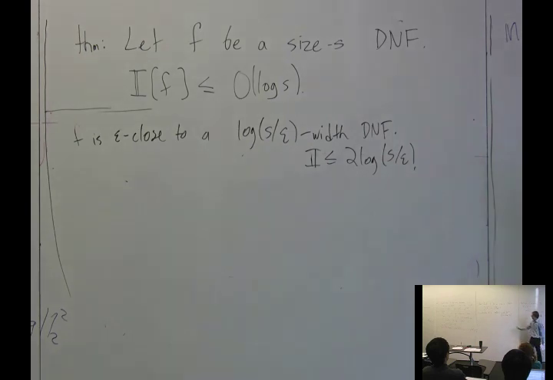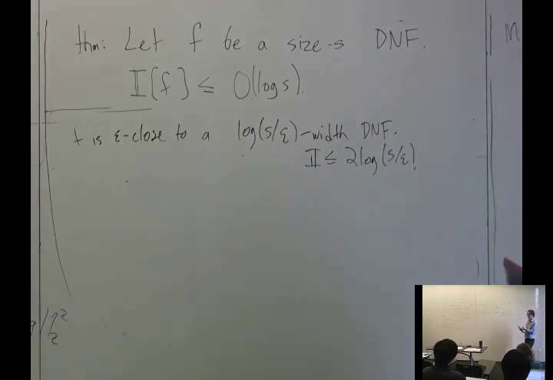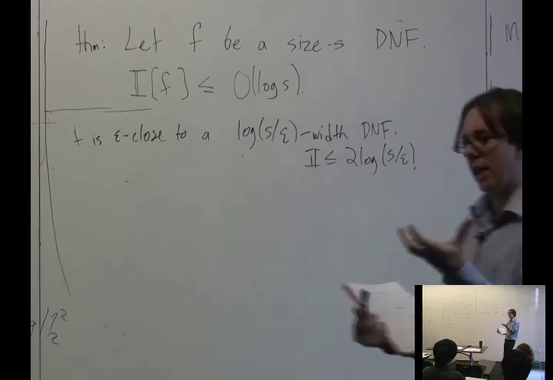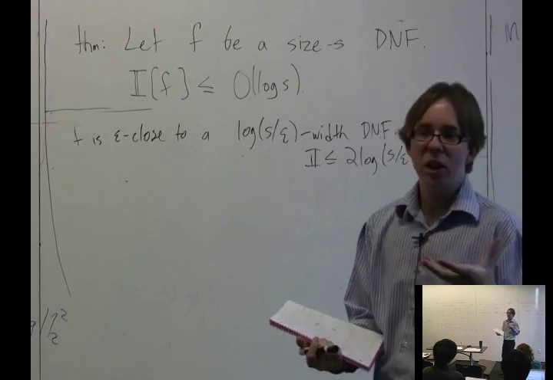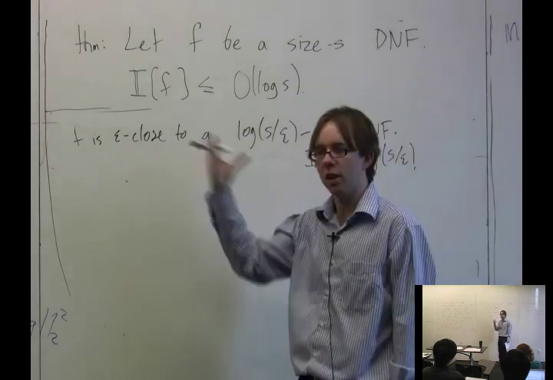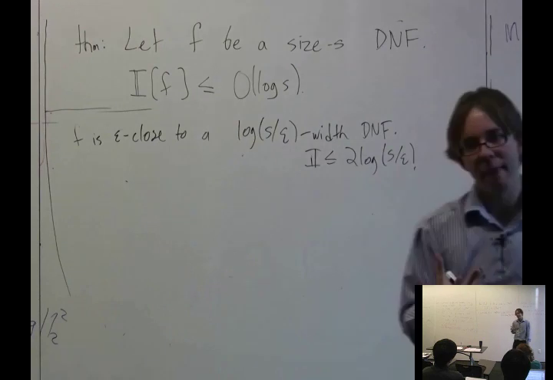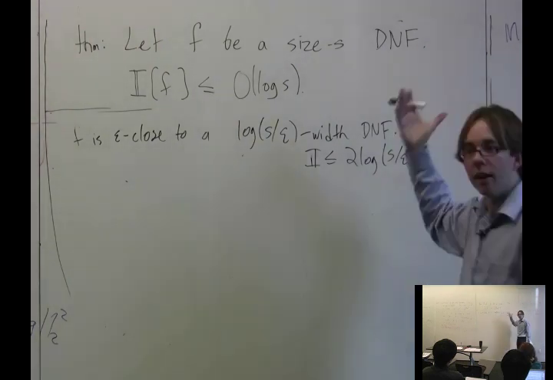But just because you're close to a function with low influence, it does not mean you yourself have low influence. Think about why. For example, if you take any Boolean function with low influence, and you randomly change its values on an epsilon fraction of inputs, then this corrupted function will be epsilon-close to the one with low influence. But if you think about it, its total influence will be linear in n. It could be huge.